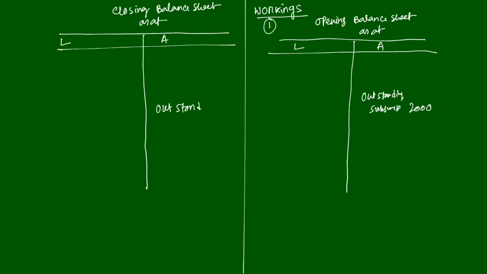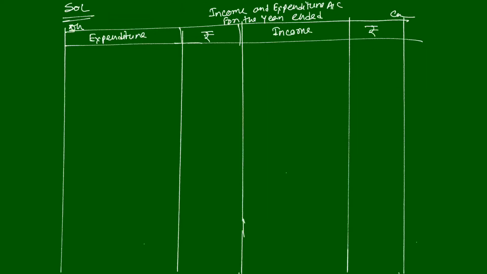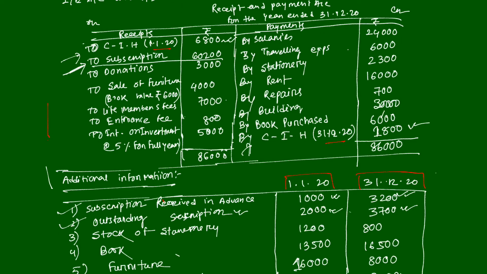In your closing balance sheet, outstanding subscription is 3,700.